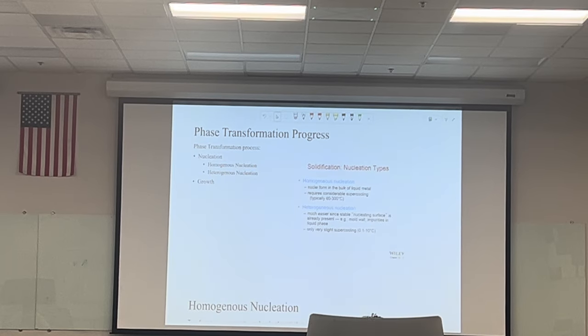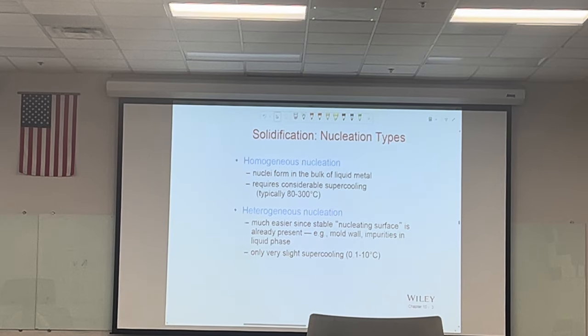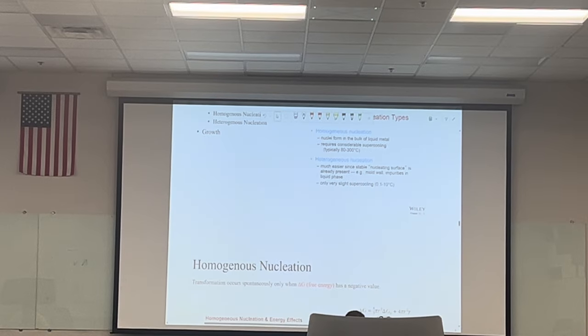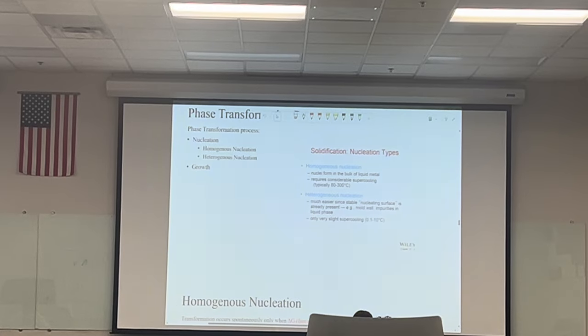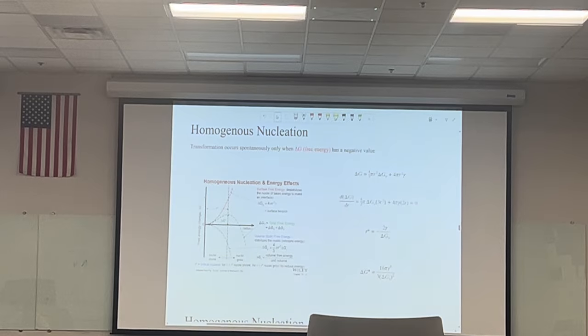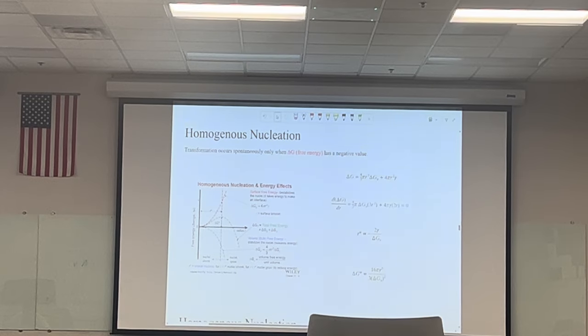But with heterogeneous nucleation, the nuclei tend to form in inhomogeneous places, for example, at dislocations in our material, things like that. So it was just an introduction, but the main thing we're going to learn is, let's focus on homogeneous nucleation.